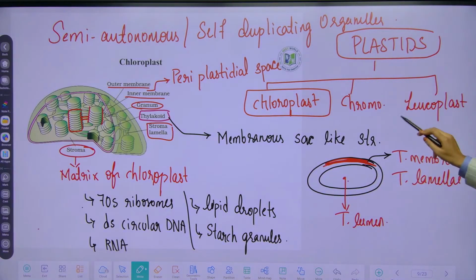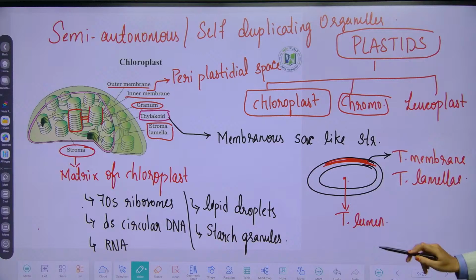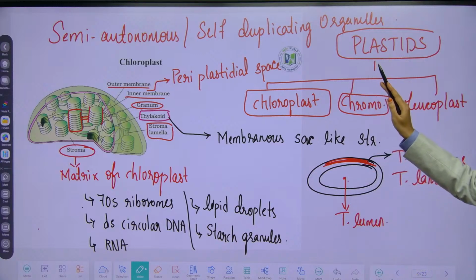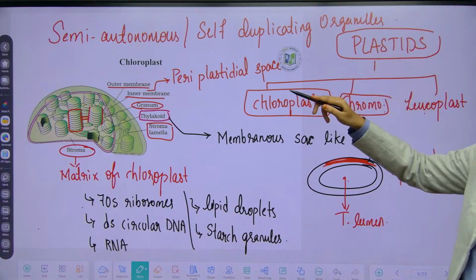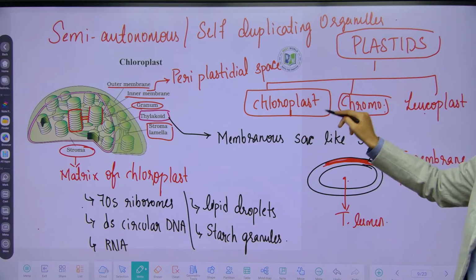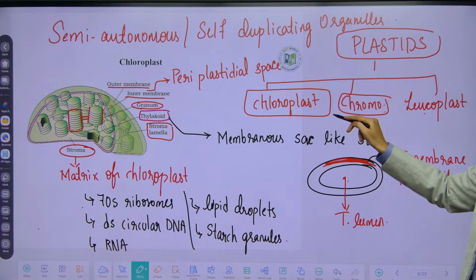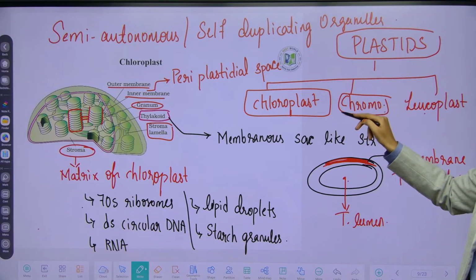And then next, when it comes to chromoplast, with chloroplast everything is clear, right? After learning chromoplast and leucoplast, like how we have learned sites of reactions, same way we learn the sites of light and dark reactions happening in the chloroplast.